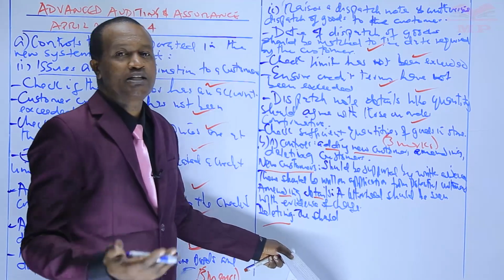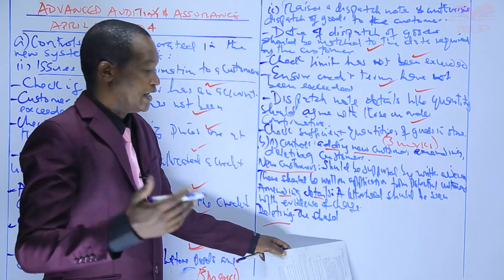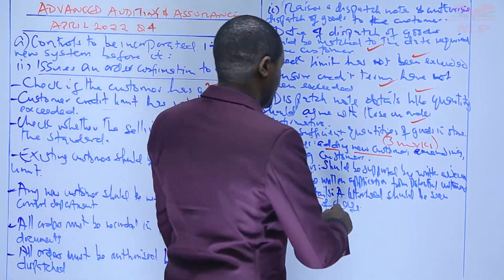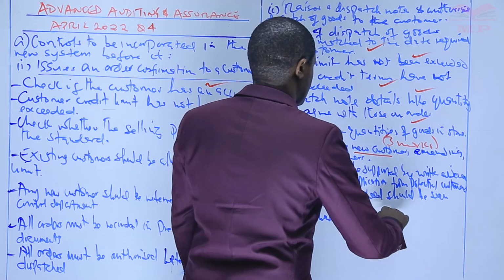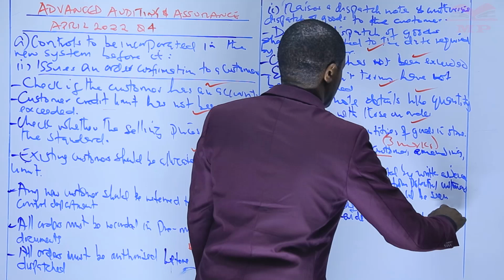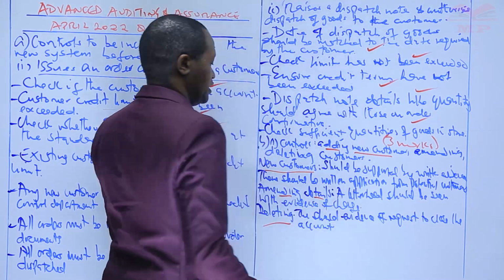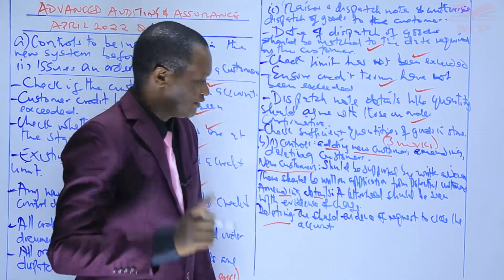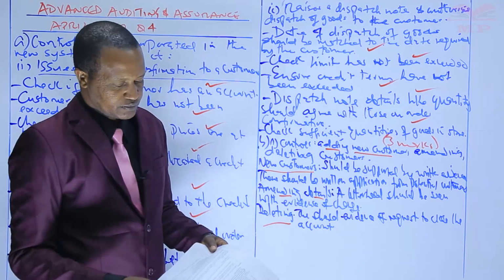Likewise, when deleting the customer, there should be evidence of request to close the account. There should be evidence, and this evidence has to be written.